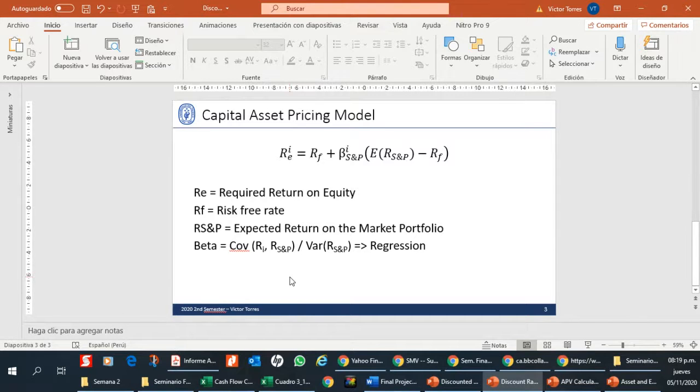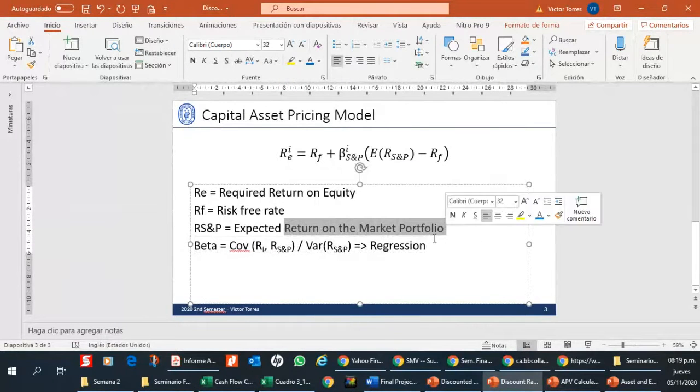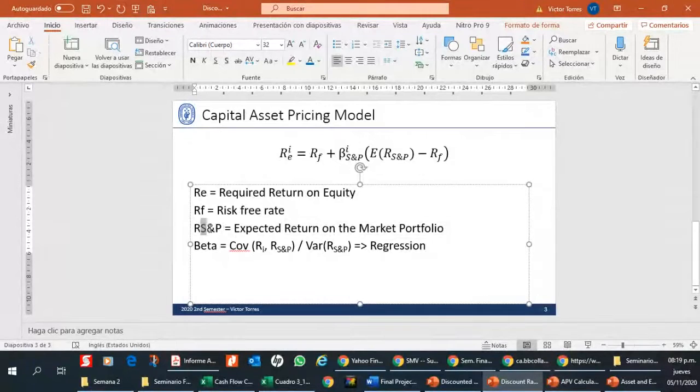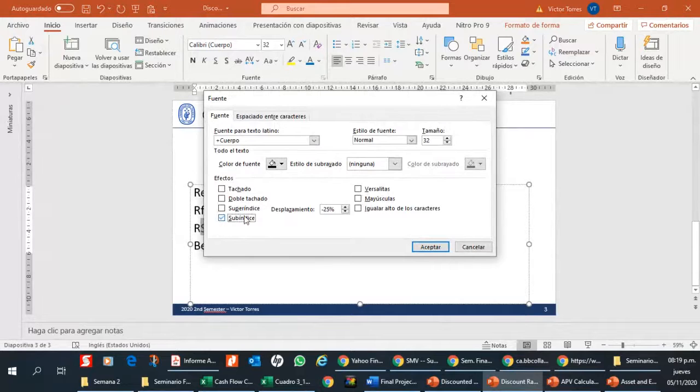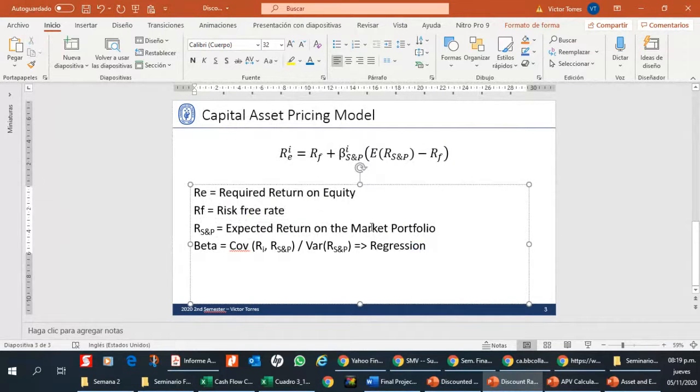By the way, let me get back here. Actually, question that. I'm using the S&P as the market portfolio because the S&P is supposed to be an index that collects information from the 500 companies that are trading in the New York Exchange, the companies that trade the most, and these companies correctly reflect the exposure to different businesses, not only in the United States but also outside.